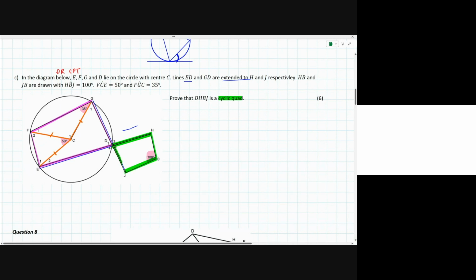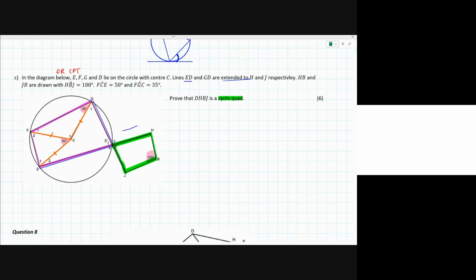Now, if we look at the quadrilateral that we're trying to prove is cyclic, it's this green one that I've highlighted down there. When we are trying to decide where to even start, think first about what you have. We already know one of the interior angles of this quadrilateral, angle B, 100 degrees.